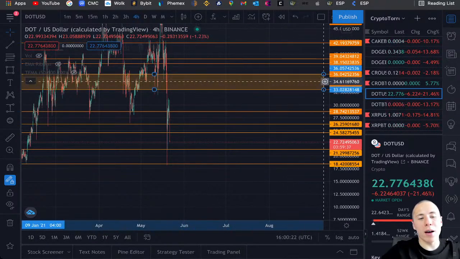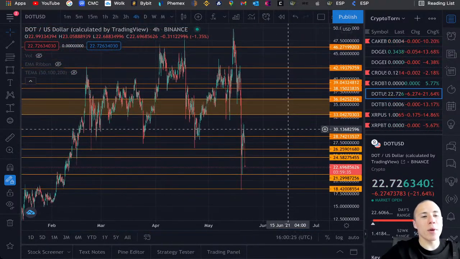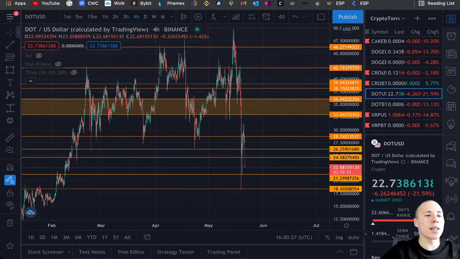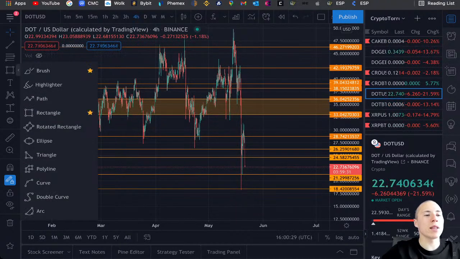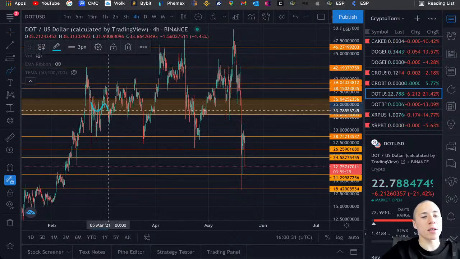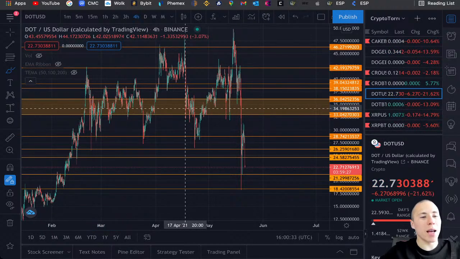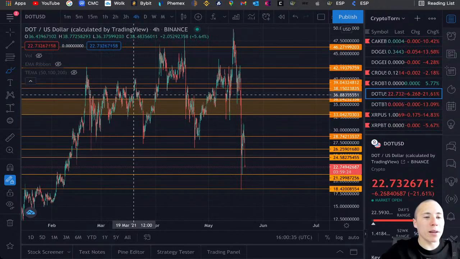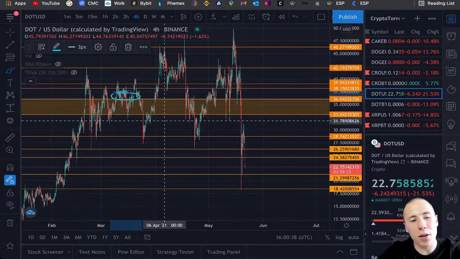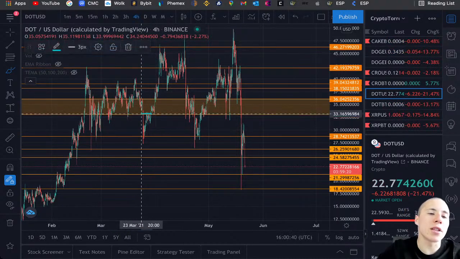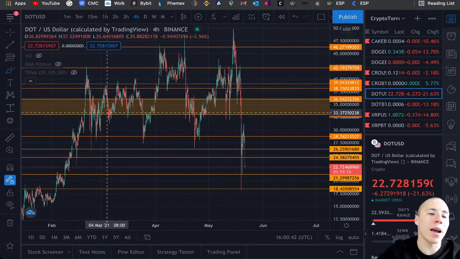Because over here we saw in the past that we traded in between this orange box, but we did not only trade in between the orange box, we also found multiple times support on top of it, as you could see over here. But we also experienced resistance over here and over here.